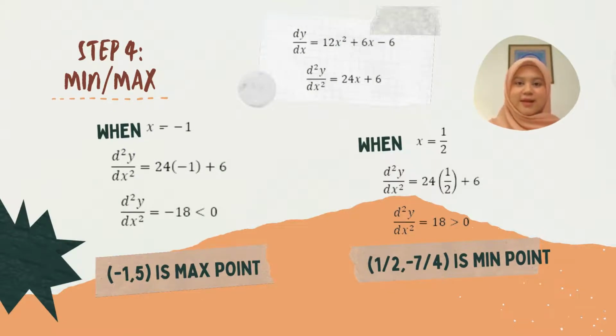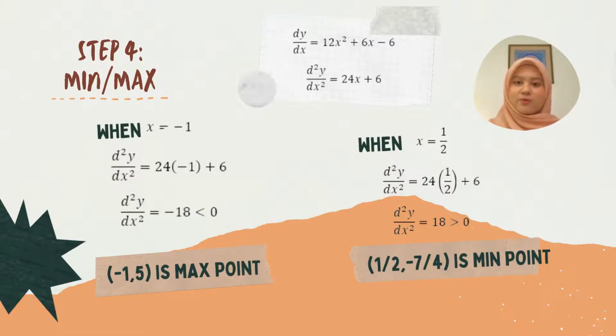I would like to continue the discussion on the fourth step. The fourth step is to get the min and max. Next, dy over dx equals 12x power of 2 plus 6x minus 6. d power of 2 y over dx power of 2 equals 24x plus 6.